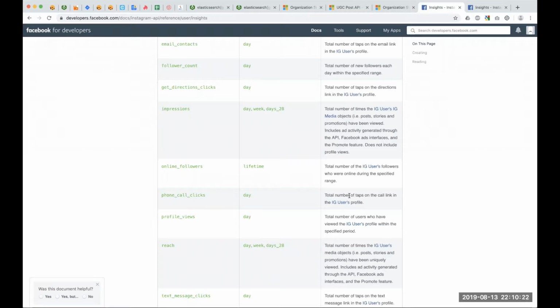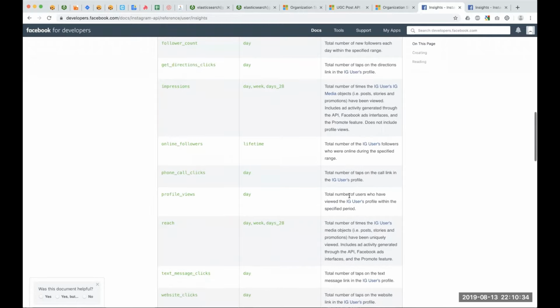So this means all of the stories and posts and promotions and ad activity. So these are the impressions, and the reach is all of the above, only for the unique accounts that viewed these objects.